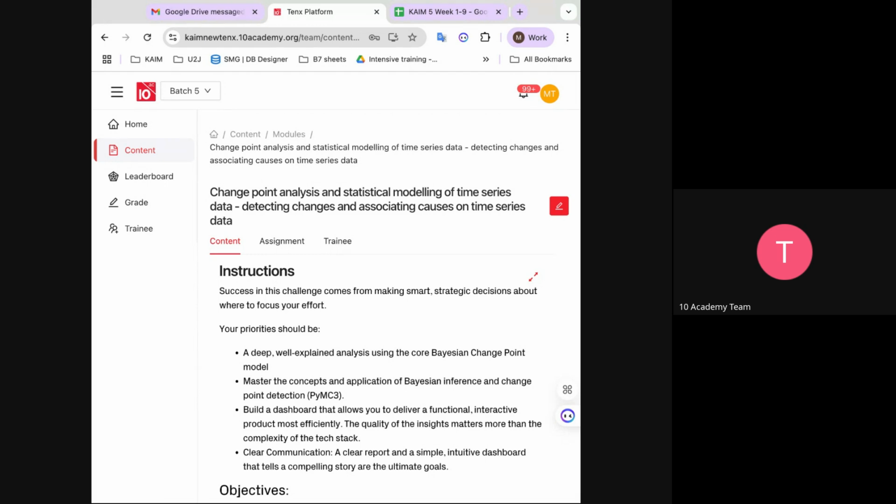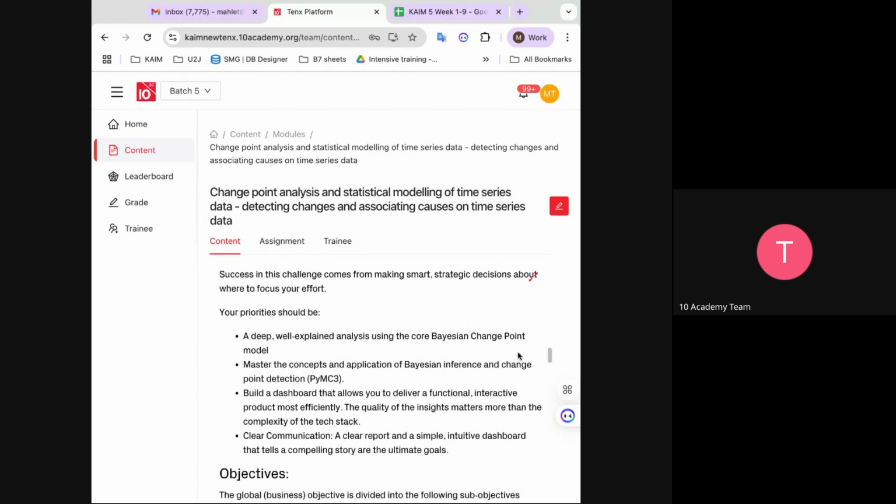In this week's challenge, it's not about doing much more coding or writing more complicated code, but about understanding the problem, and how you can relate that problem with the data that you have, and how you can say this brings this change.